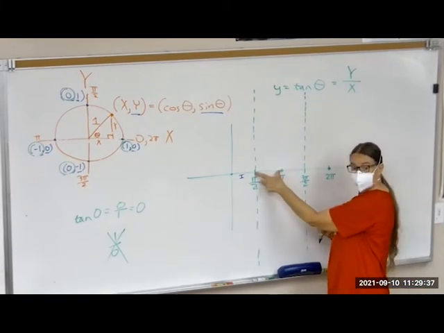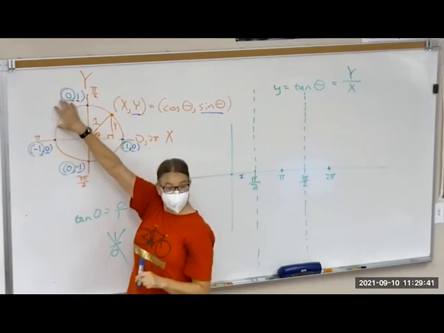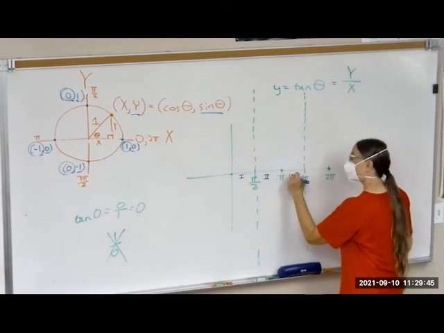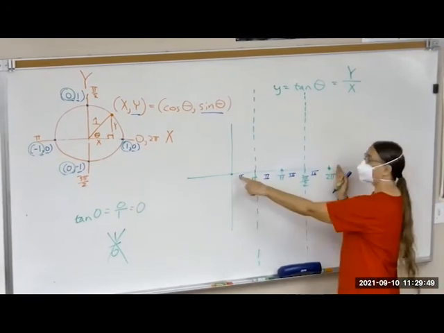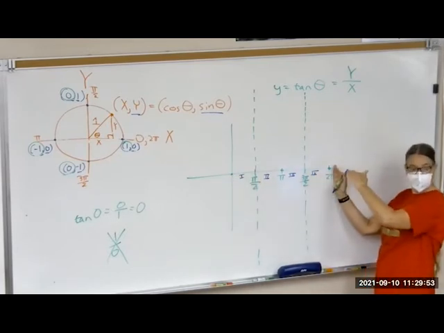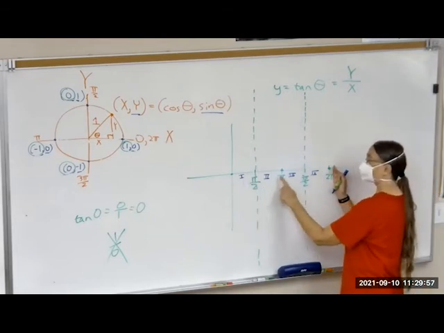Between pi over 2 and pi, that corresponds to quadrant 2. Then 3, then 4. So moving from 0 to 2 pi here, just moving to the right, corresponds to rotating from quadrant 1 to 2 to 3 to 4.